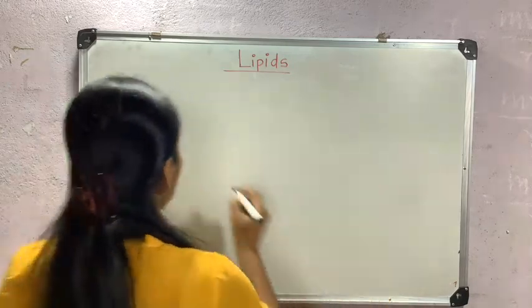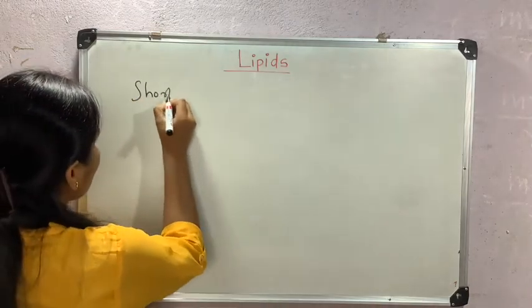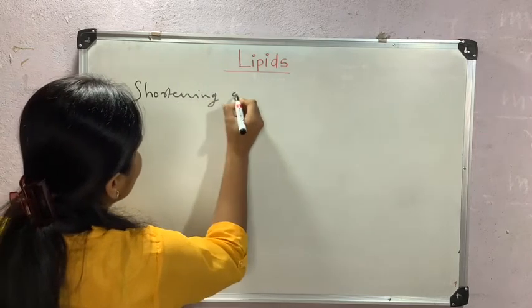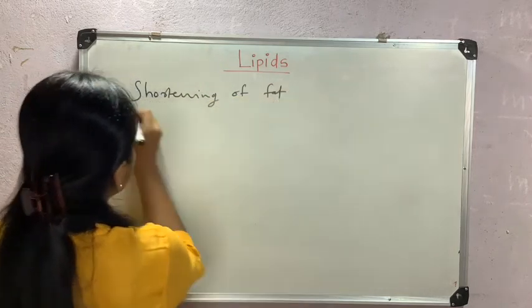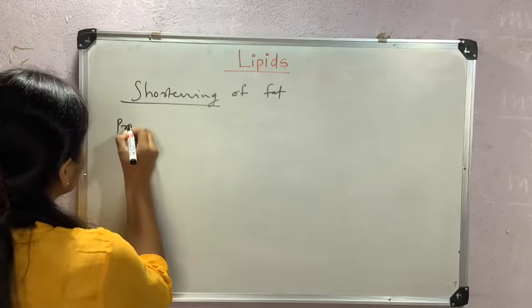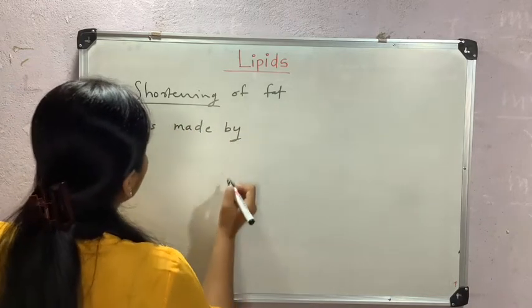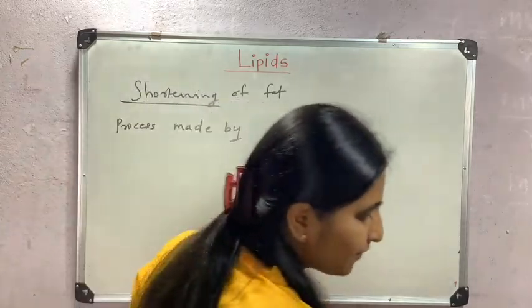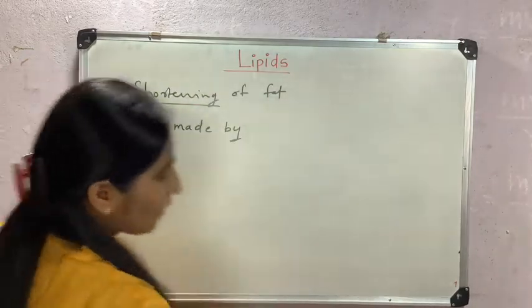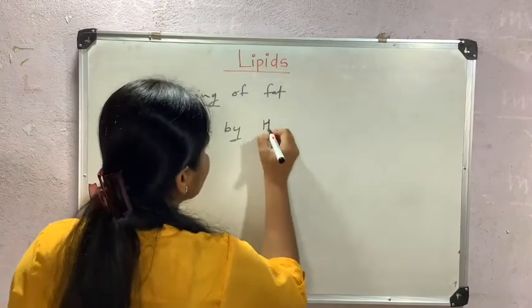Here I will write shortening of fat. And this shortening process is made by hydrogenation.